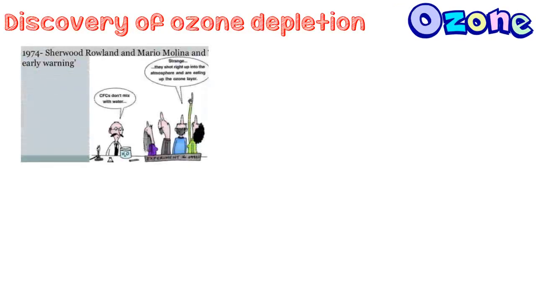Human awareness about ozone depletion started way back in 1974, when two prominent scientists, Roland and Mario, discovered that CFCs, chlorofluorocarbons, stay in the atmosphere for long, and they can emit free radicals of chlorine, which can damage the ozone gas.